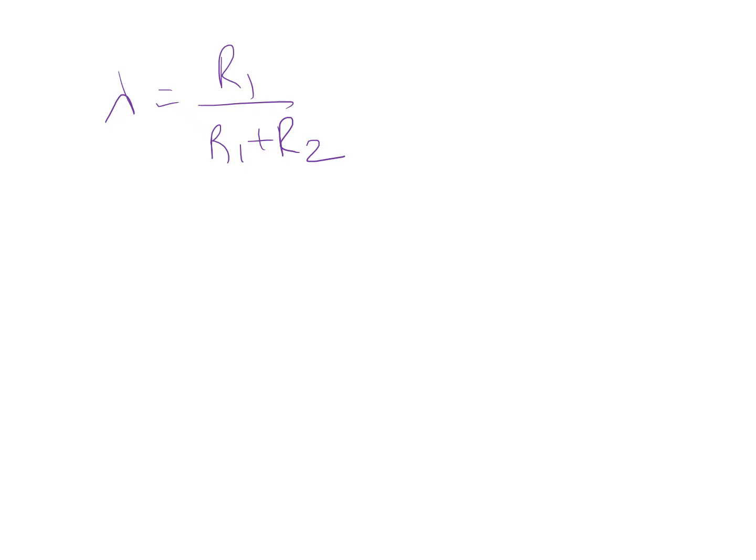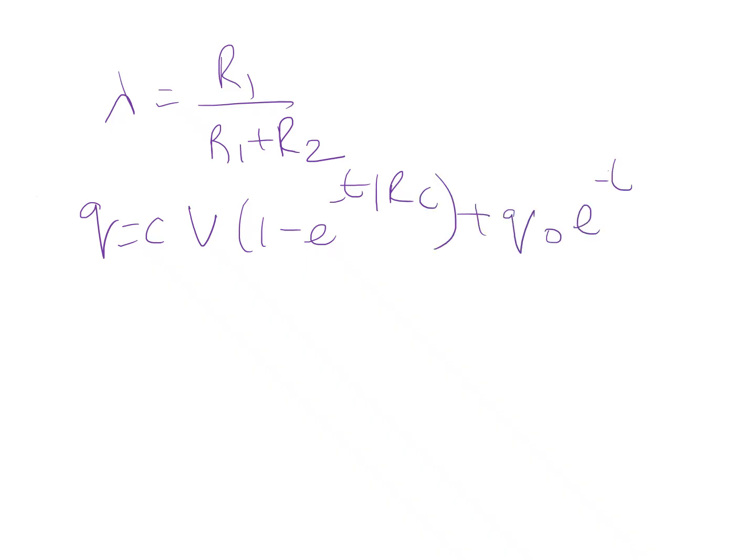The general charging equation for a capacitor, which already has the original charge value of Q naught, is Q is equal to CV into 1 minus e to the power of minus t by RC plus Q naught into e to the power of minus t by RC. For this case, V is equal to minus VCC and Q naught is equal to lambda C into VCC.